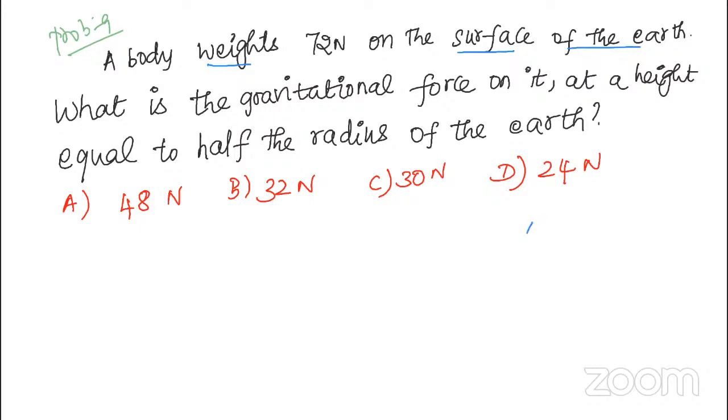So imagine that this is our earth and this is the earth surface. This one is the center point. Here the value is W is equal to 72 Newton.